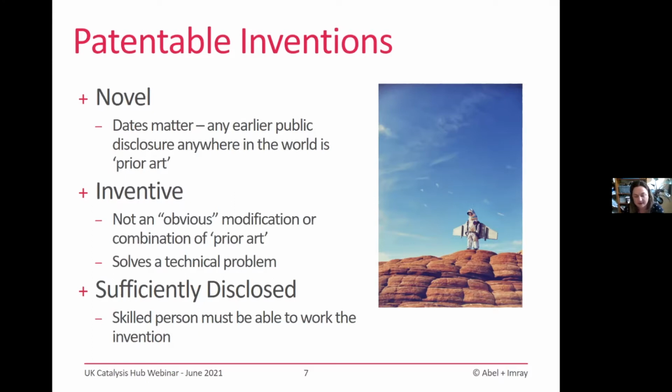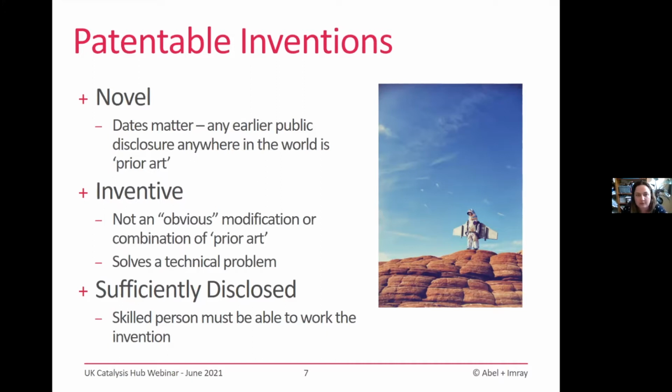And then finally, we've got this requirement for sufficiently disclosing the invention. In the patent application, you need to provide enough information that the skilled person, so that's someone who works in the same kind of area that the invention relates to, is able to work and repeat the invention.